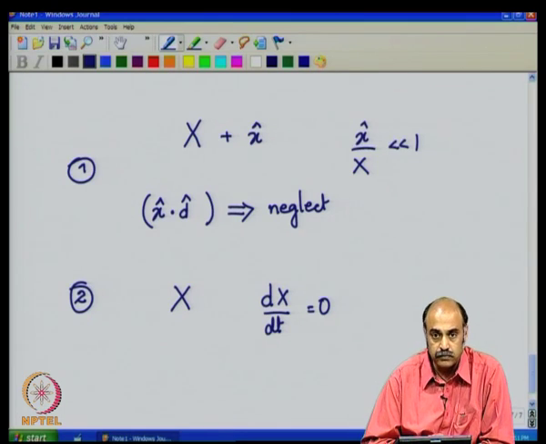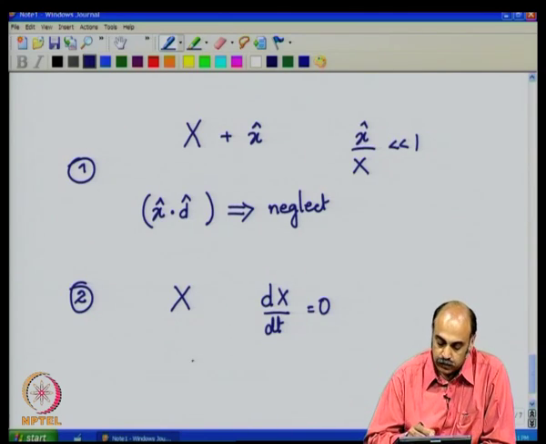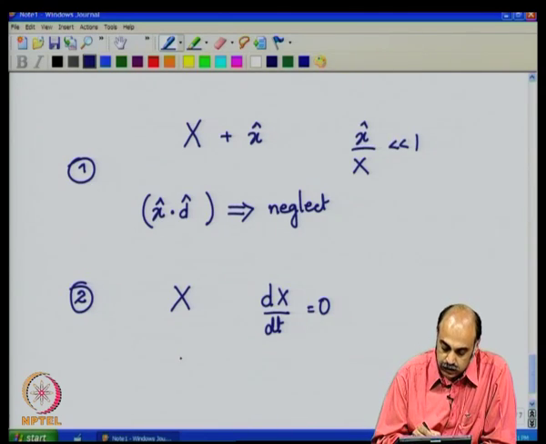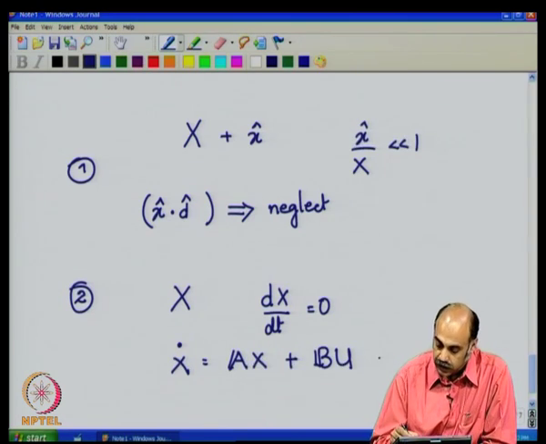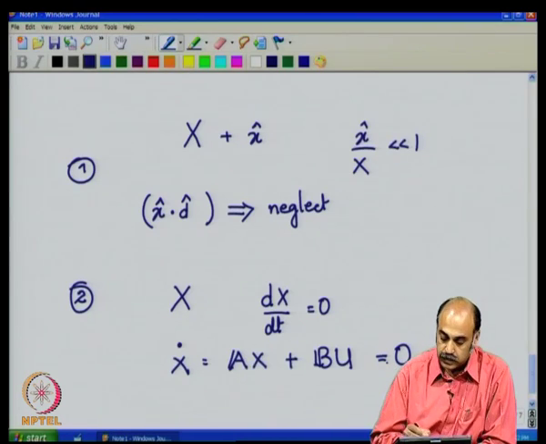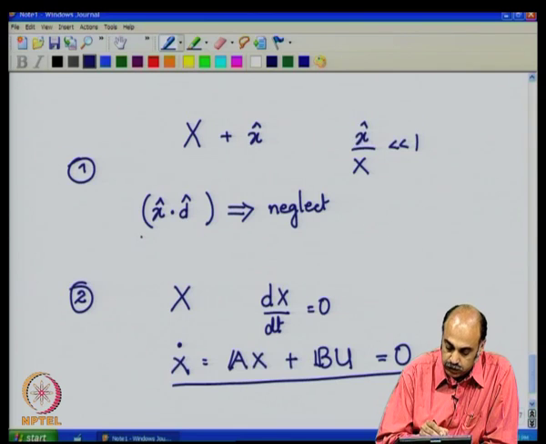So, it does not have a slope, it is like a constant dc. So, therefore, x dot equals Ax plus Bu can be equal to 0. So, this is the second assumption that will come into the picture.